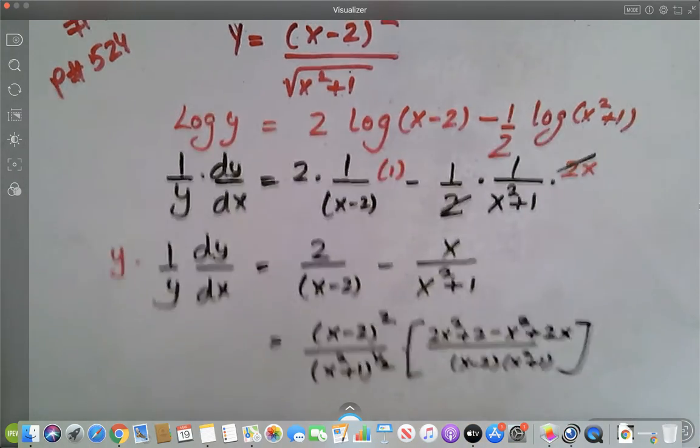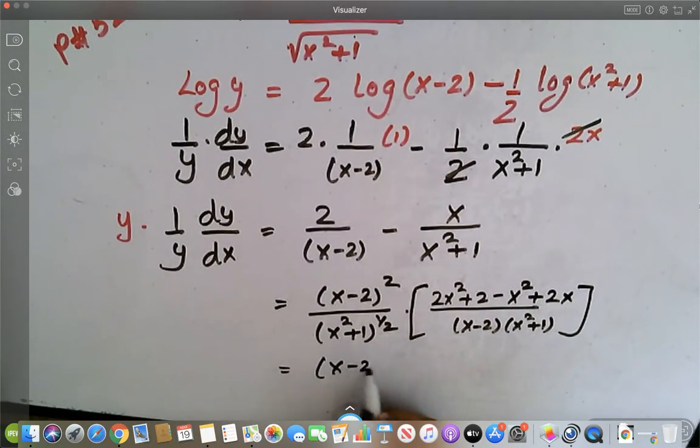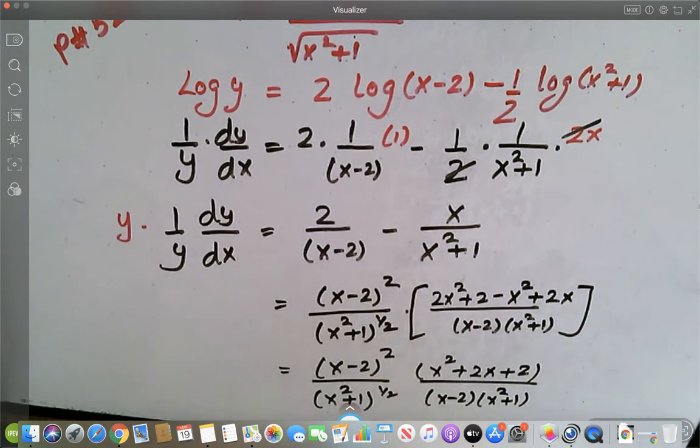Almost there. Last step is just simplifying and canceling stuff. So I would have x minus 2 squared, x squared plus 1 to 1/2. This I can simplify. This becomes x to the second, 2x plus 2 over x squared plus 1. Let's try canceling.